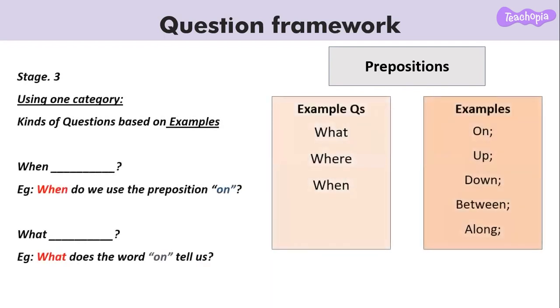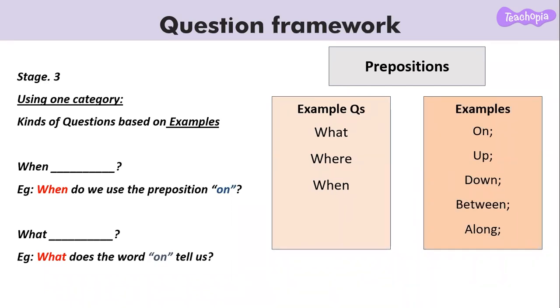Same way for the category examples for the topic preposition, we all know example consists of a very huge list of all possible examples, right?